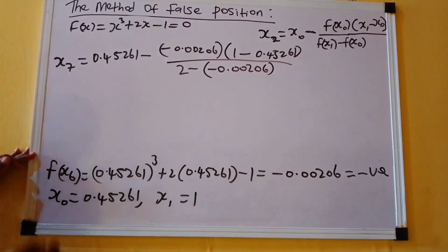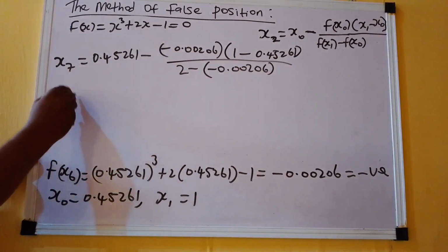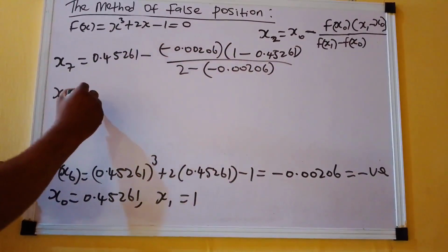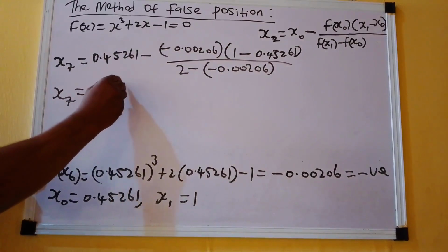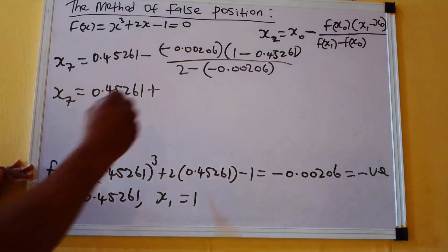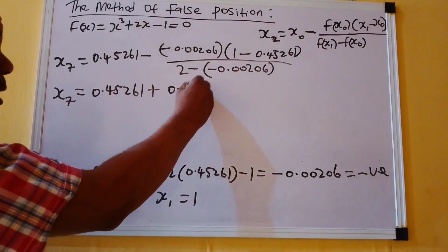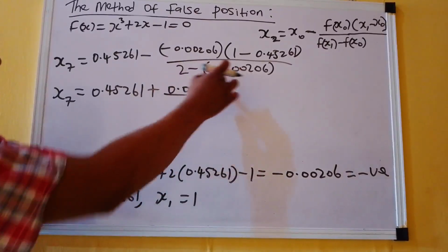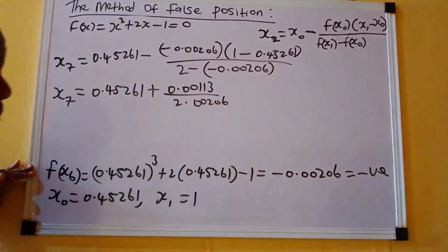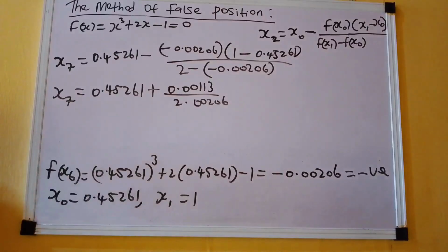So our x7 will be equal to, take this away from 1, multiplying it by this, minus times minus is plus, so you have 0.45261 plus 0.00113 all over this. You now have 2.00206, because minus times minus again will give you plus.